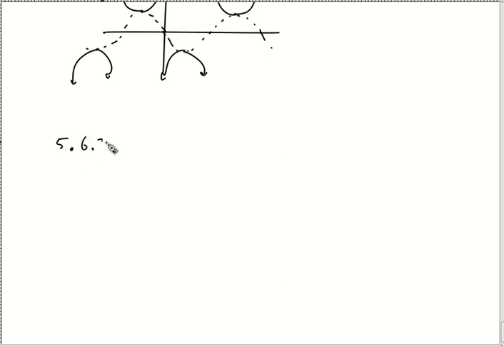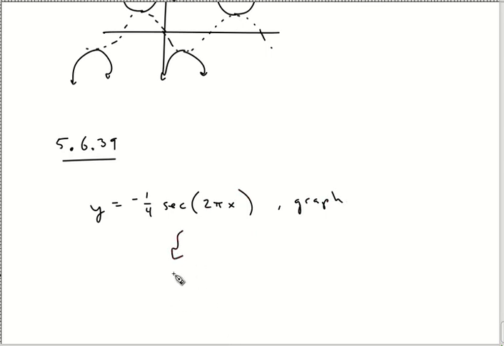5, 6, 39. I've got y is equal to negative 1/4 secant of 2 pi x. They say graph this thing. So you go to Desmos graphing. So it's 1 over cosine. And so I'm going to definitely graph a cosine.